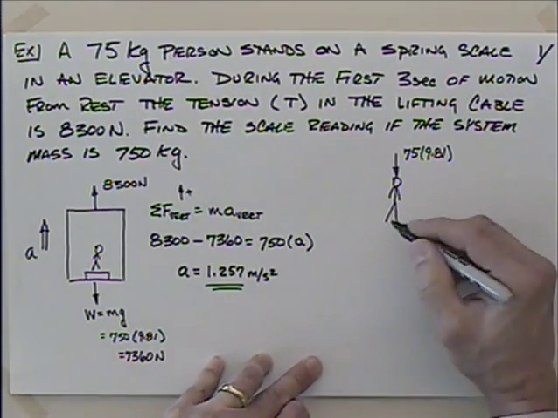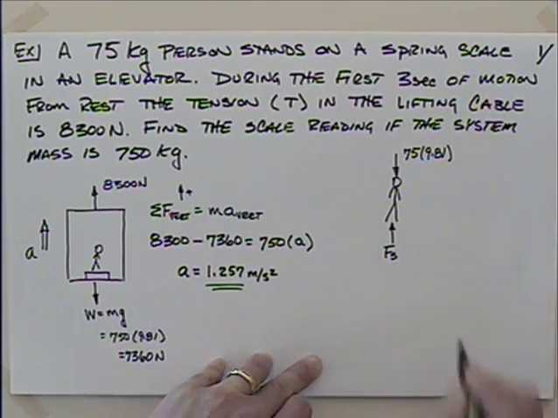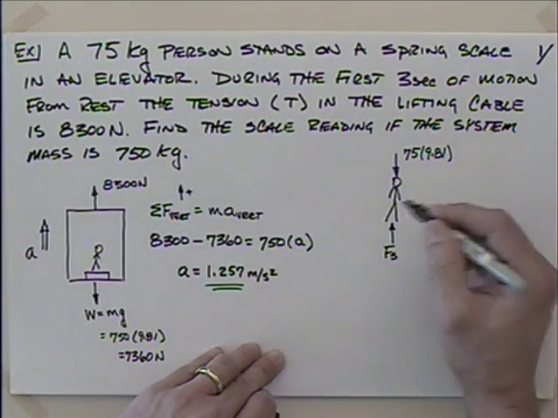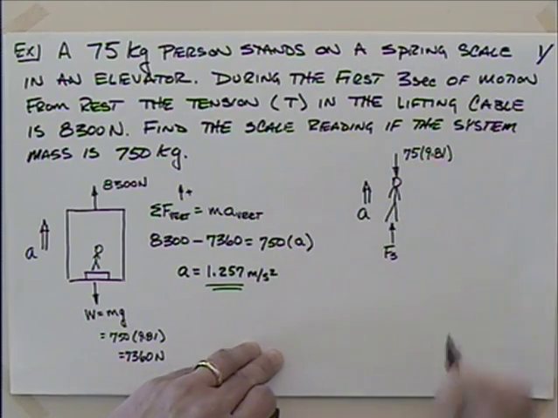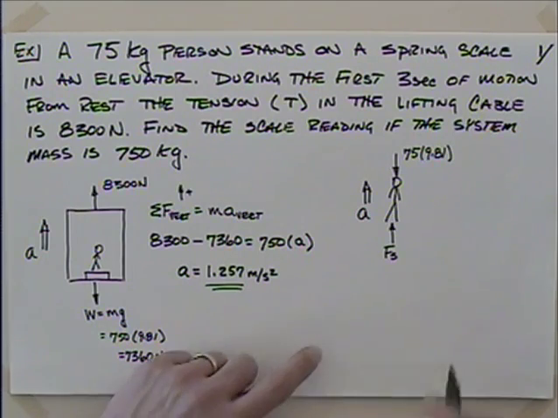That's their weight. And we have then the force of the scale pushing back on them. So that's what we're looking for. We know the system is accelerating, so this person would be accelerating. So we'll put their acceleration there, and it would have the same acceleration as the elevator. We don't think that they're going to go up and bump their head in the elevator or something like that.